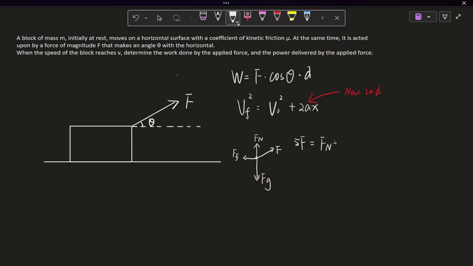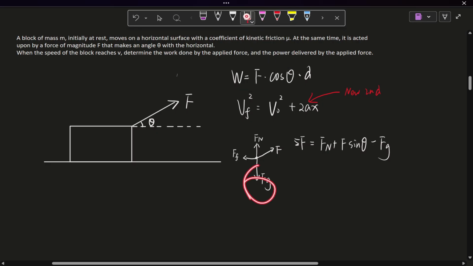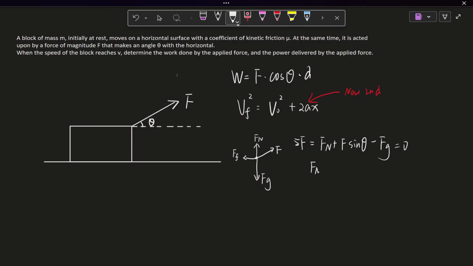Fn plus F sine theta minus Fg, because it's pointing downward, is equal to 0, which gives Fn equal to Fg minus F sine theta.